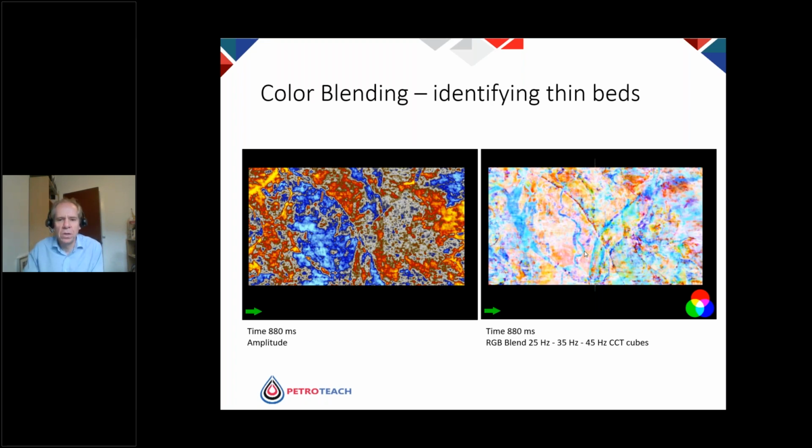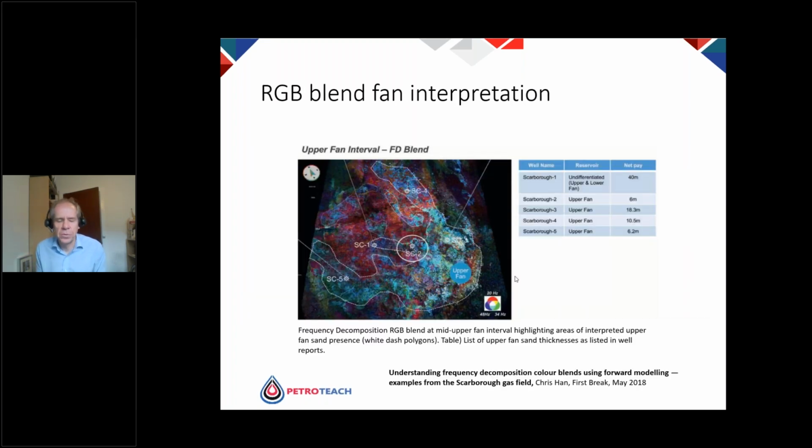So this is identifying reservoirs. And here's an example from First Break, some data from Australia. What they're looking for here are these very thin fans. You can see here's the sort of thicknesses that they're talking about. And they've identified this area that's kind of blue here, and this is the sort of reservoir or area of interest.